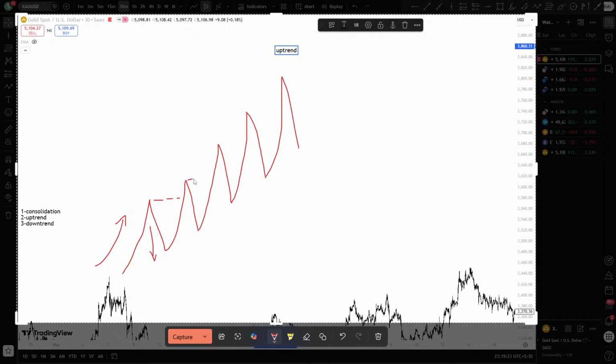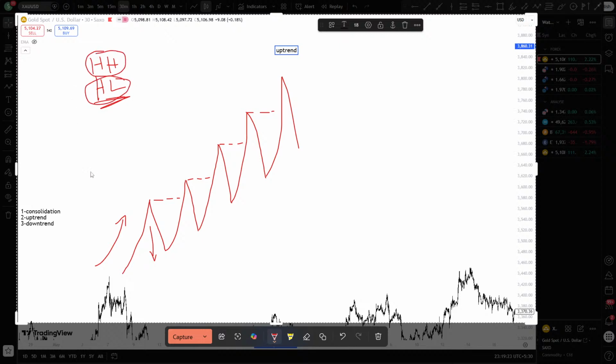So what is the market doing? The market is breaking the higher high. When the market is in an uptrend, it is creating higher highs and higher lows. This is what the market is doing.